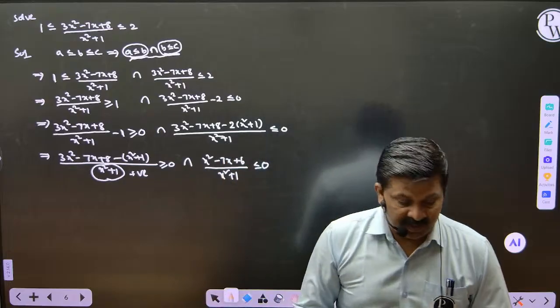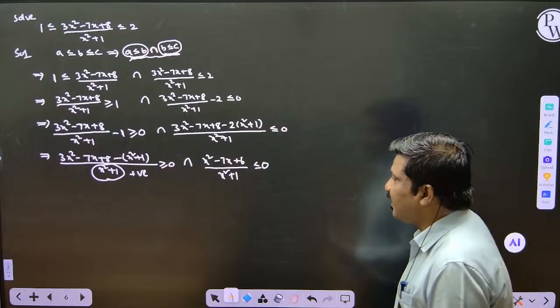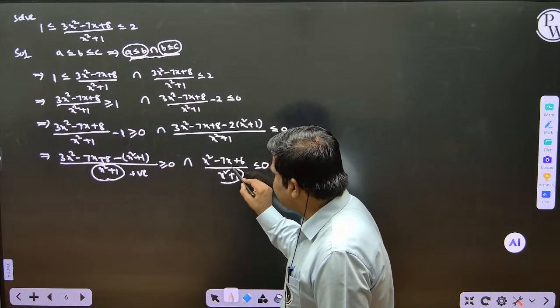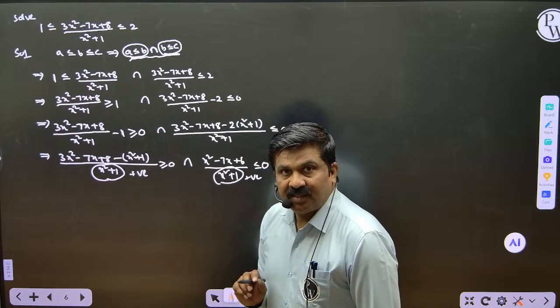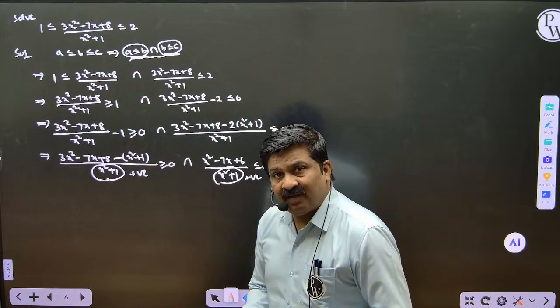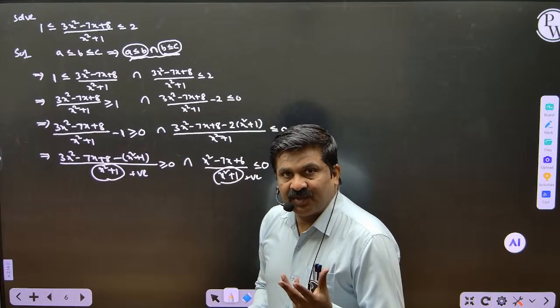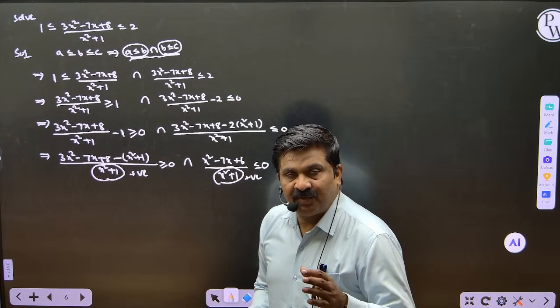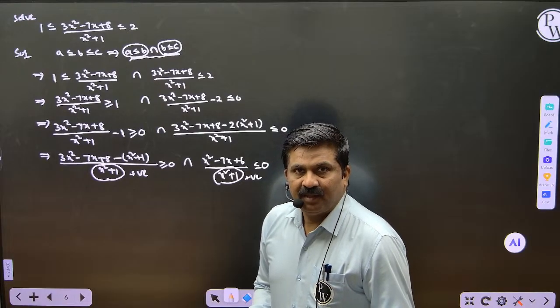Why? You take any value for x, x² + 1 is positive. There is no possibility of getting 0 or negative.